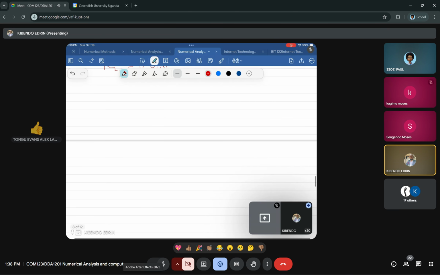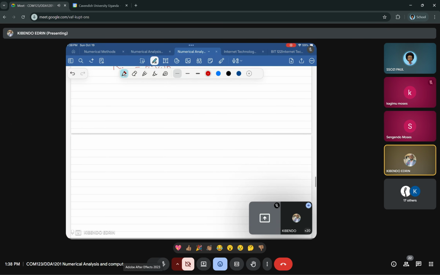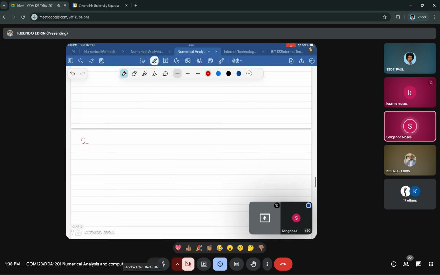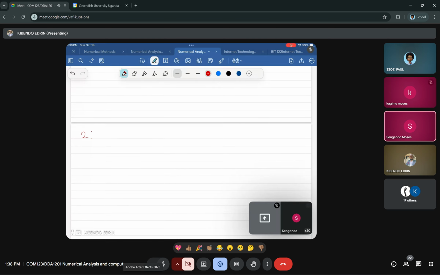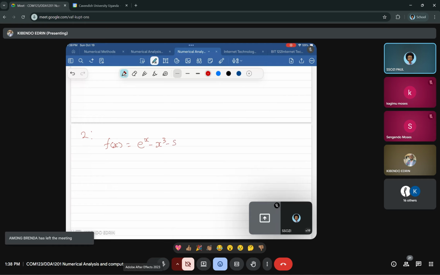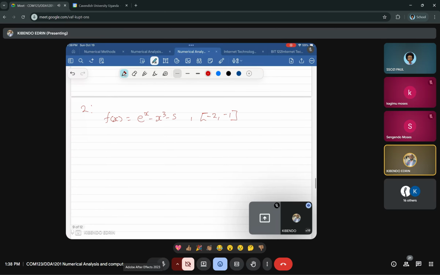So number 2, we are saying we are going up to the fourth iteration. So we'll write our function. We're using bisection.